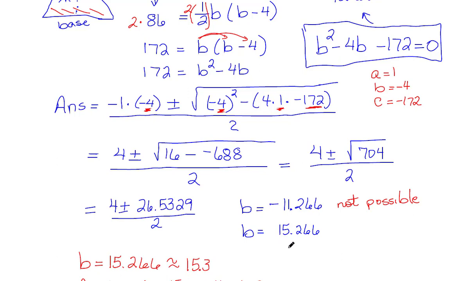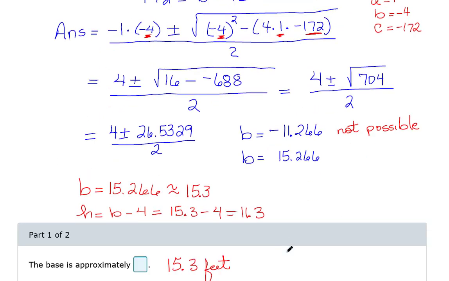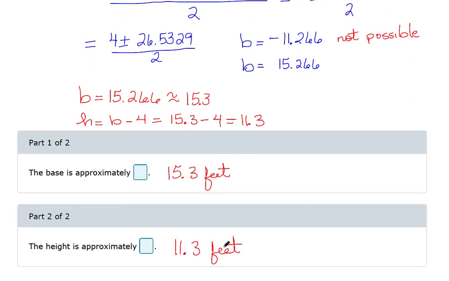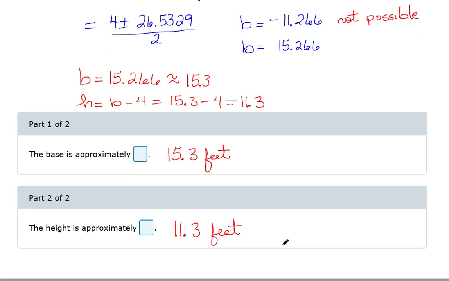Therefore, the base is 15.266 feet. Now, what was the deal with the height? Well, the height is 4 feet less, and so 11.3 feet. So again, draw a picture, grab the information step by step. Don't panic, just collect all of the information.